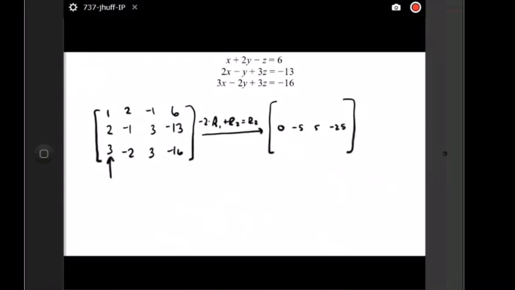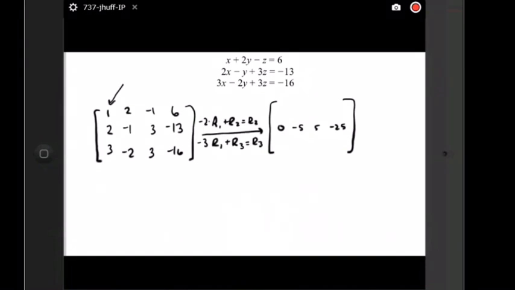Now I need to get that 3 to be a 0. The only thing you can add to it is -3, so I'm going to multiply row 1 by -3 and add it to row 3 and give myself a new row 3.